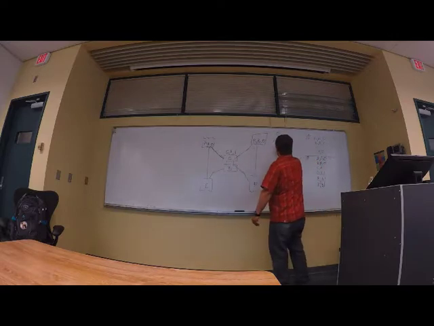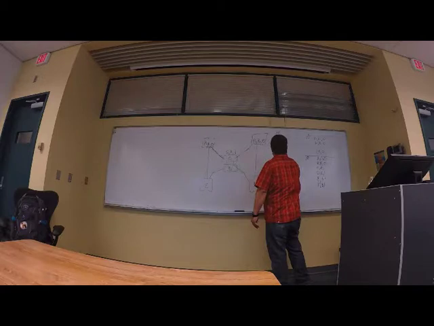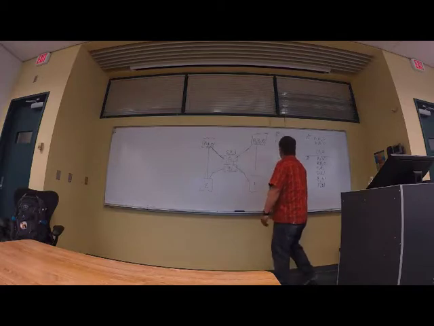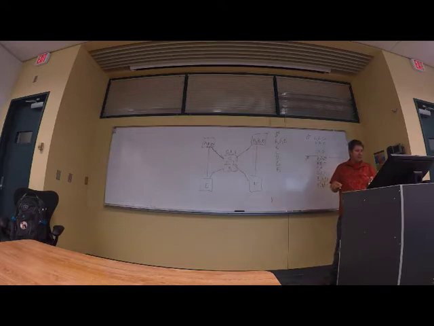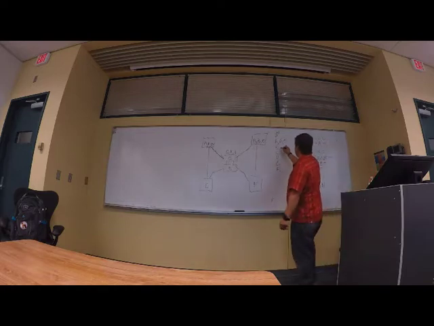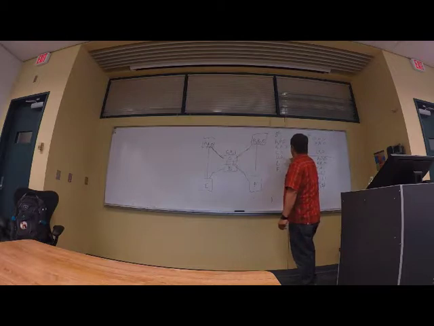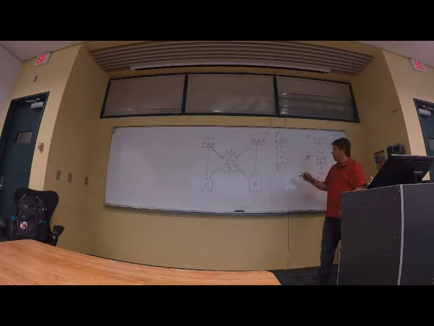Right, and then we have B, C, D, E, and F. And what are those? B, A, 2, C, A, 1. Yes. D, A, 2, E, A, 1, and then F, B, 1.